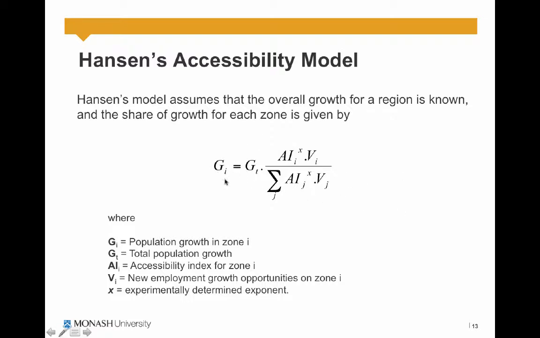G_i, the population growth in zone i, is equal to the population growth of the entire region multiplied by a ratio: the accessibility index of zone i, raised to the power x, again an experimentally determined exponent, multiplied by V_i, the number of new jobs or new employment growth opportunities in zone i, over the summation of the accessibility index of j raised to the power x, multiplied by V_j, over all the zones in the network.